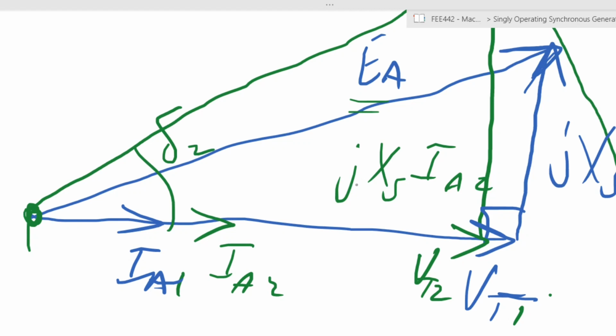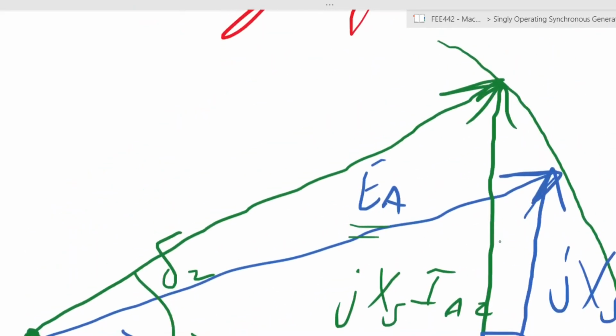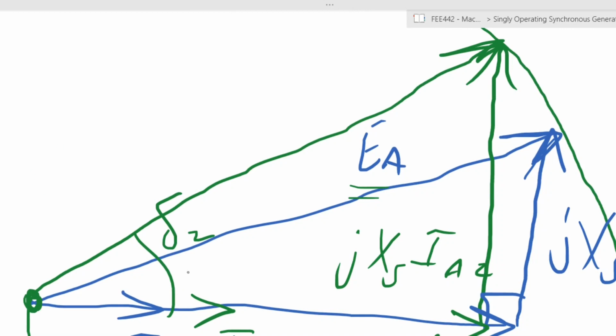A big change in IA produces a smaller change in the value of terminal voltage when you have a unity power factor. Reason for that is these angles, like delta here, this delta tends to be a very small angle. So your EA, we've exaggerated it here, but it will tend to be nearer to the bottom over here, right?